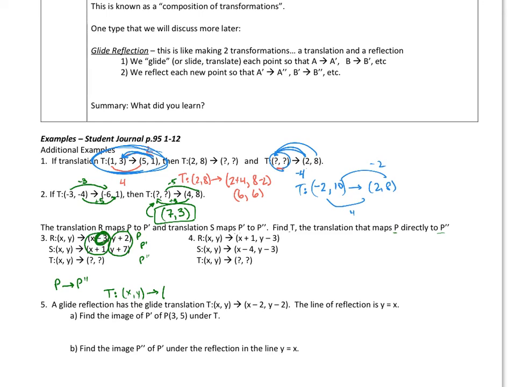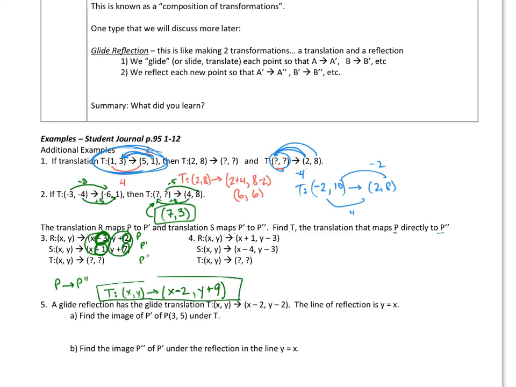I subtracted 3 from the X, and then I added 1 to the X, for a total of X minus 2. Now over here, I added 2 to the Y, then I added 7 to the Y, for a total of Y plus 9. So that's why we keep the X's and Y's like that. The two things it does together: X minus 2, and Y, plus 2 then plus 7, a total of Y plus 9.